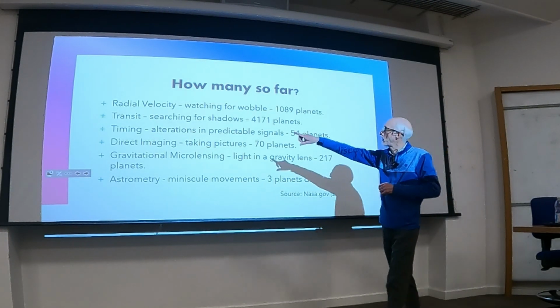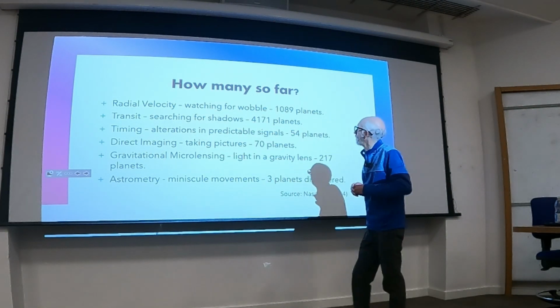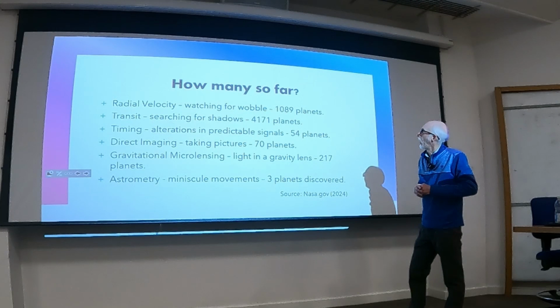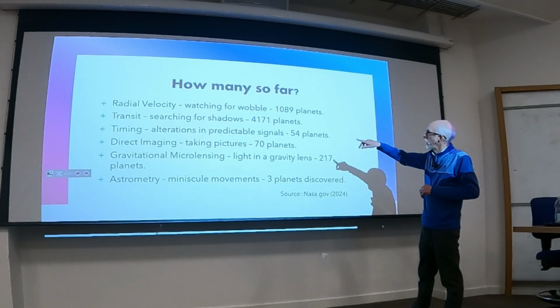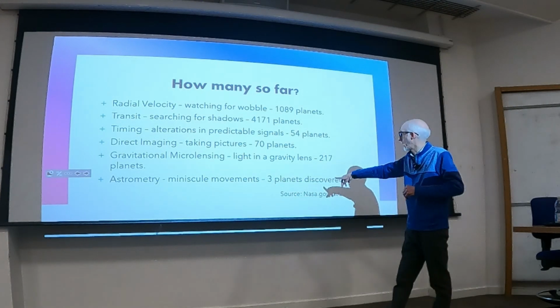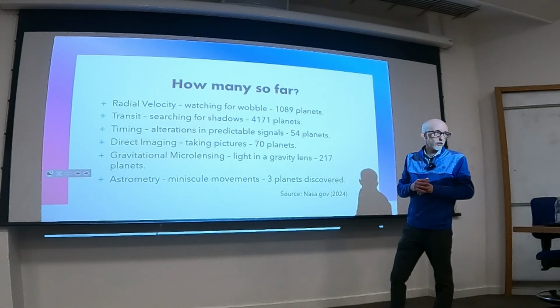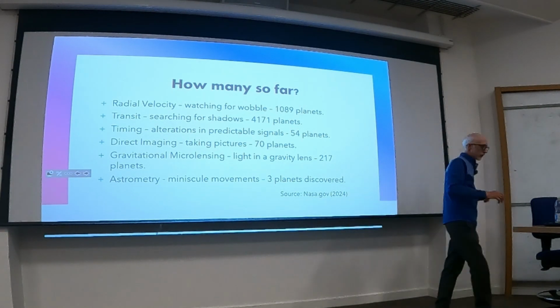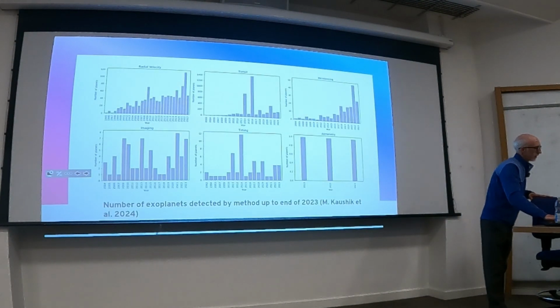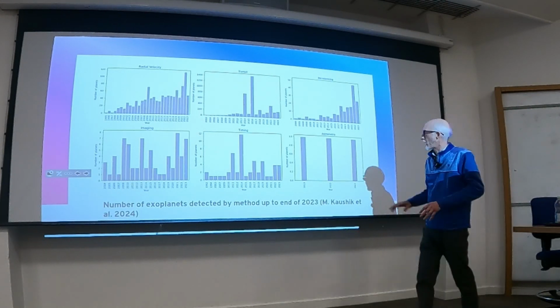But as you can see, the transit method is by far the most successful method, and then radial velocity. Poor old astrometry, 3 planets discovered so far, and I think they're about a decade apart. I've actually got a bar chart which, yeah, they are. They're about a decade apart. But that will change.